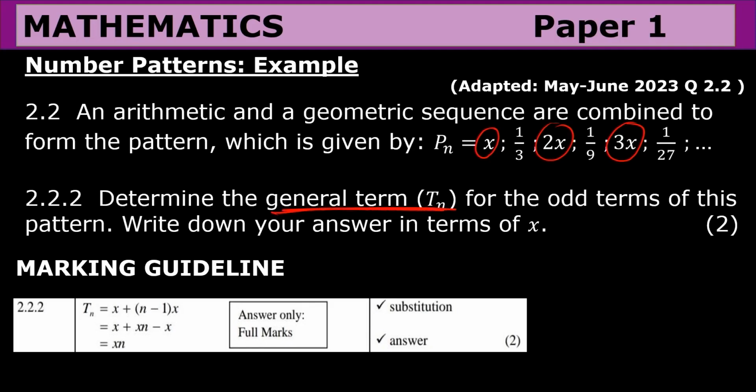So the first thing you need to see there is that the odd numbers are the ones that form the arithmetic sequence. Now using the general term for the arithmetic sequence that is found in our formula sheet, we are going to get 1 mark for substitution and the last mark for the answer. And as you can see there, we are told that writing the answer only will be full marks. So only in this particular question will you be awarded full marks for just writing the answer and not showing the steps.